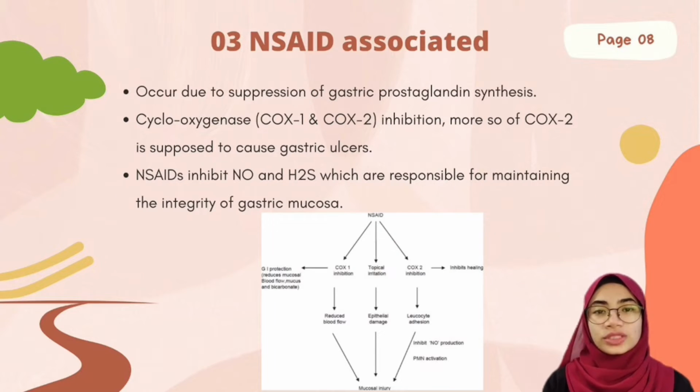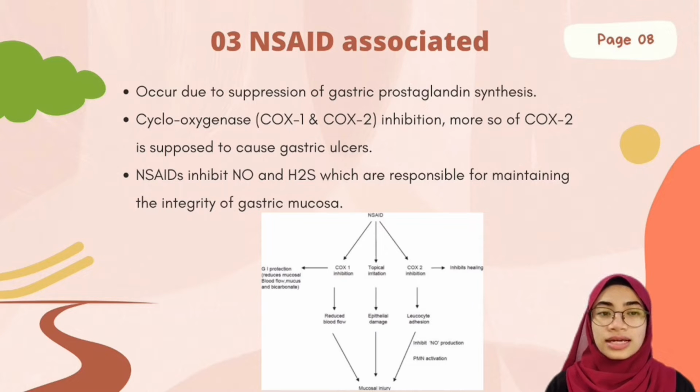The third pathology, which is associated with NSAIDs, can occur due to suppression of gastric prostaglandin synthesis, cyclooxygenase, COX-1 and COX-2 inhibition. More so COX-2 is supposed to cause gastric ulcers. NSAIDs inhibit nitric oxide and hydrogen sulfide, which are responsible for maintaining the integrity of the gastric mucosa.